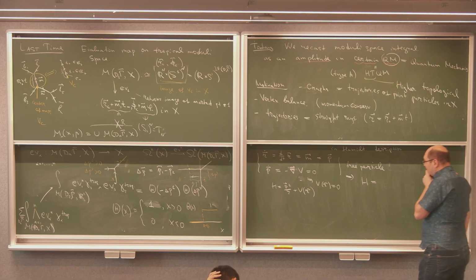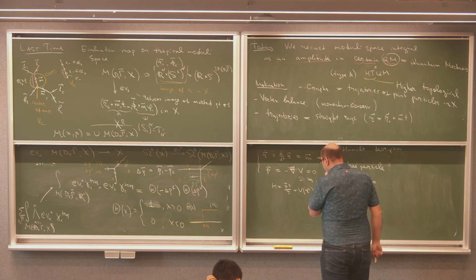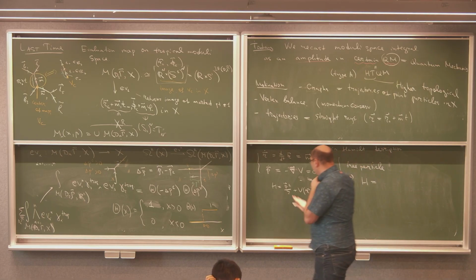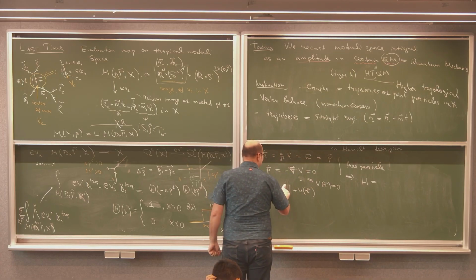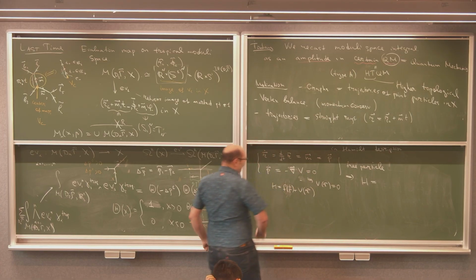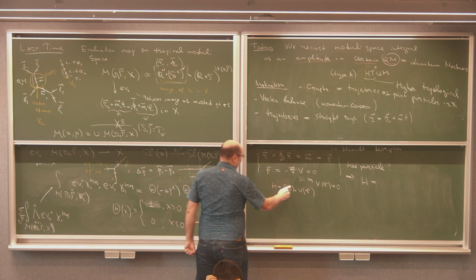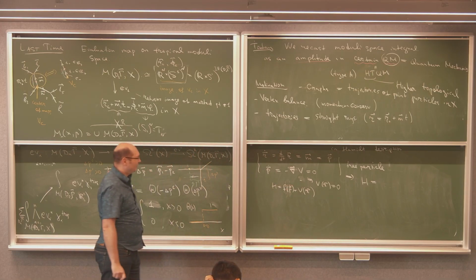Okay, so let me do it in a more general way. Let me write the Hamiltonian as a function of p plus V of r.